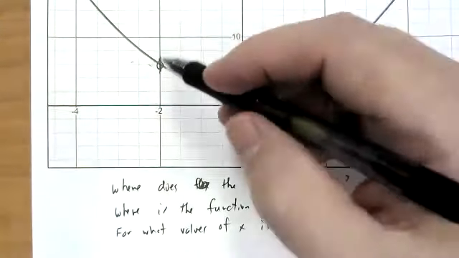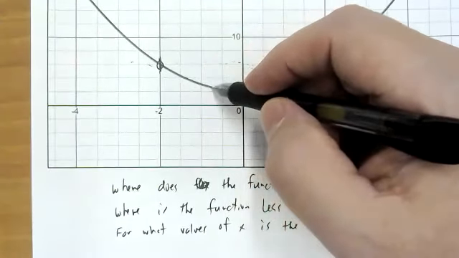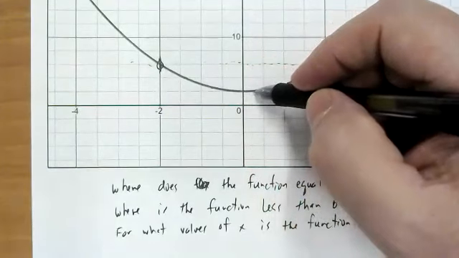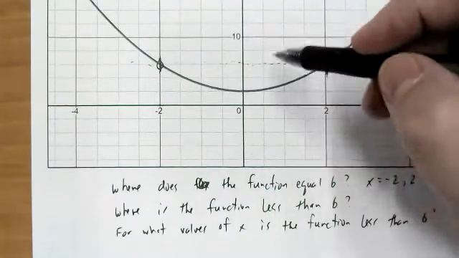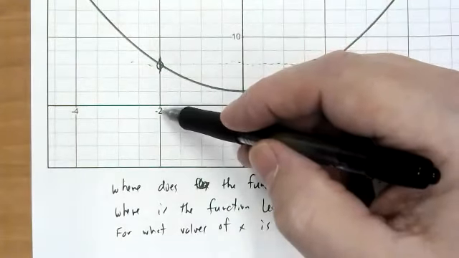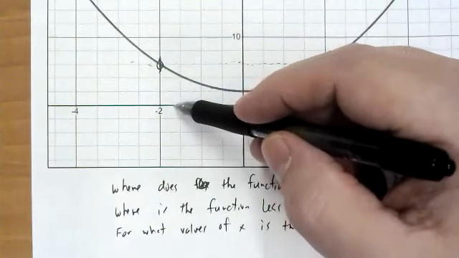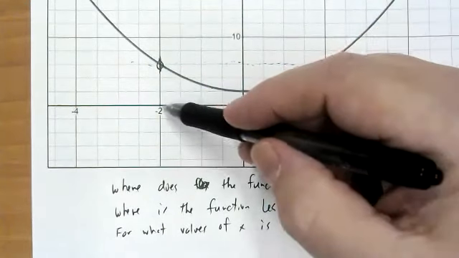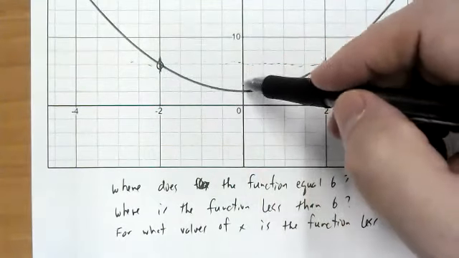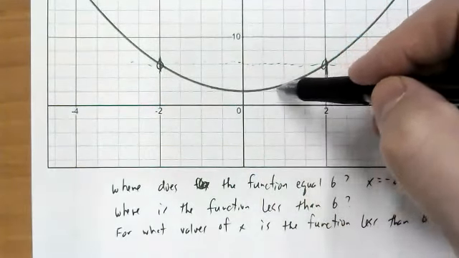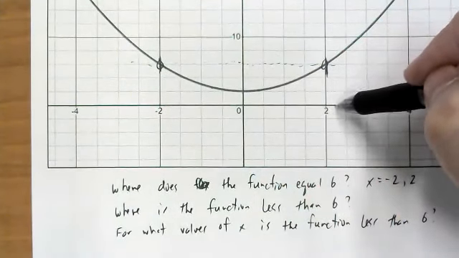Now, what are the values of x? Well, in a sense, all these points are a solution because every one of these points on this graph, the function is less than 6. So when does that occur? When x is -2, my function is less than 6, and it stays less than 6 until x gets larger than 2.